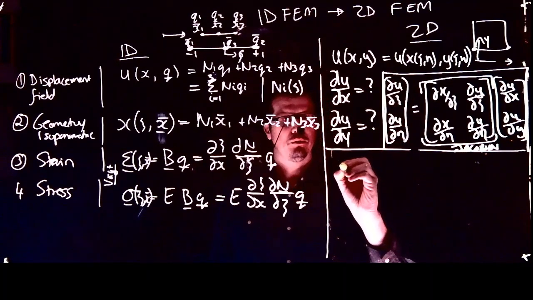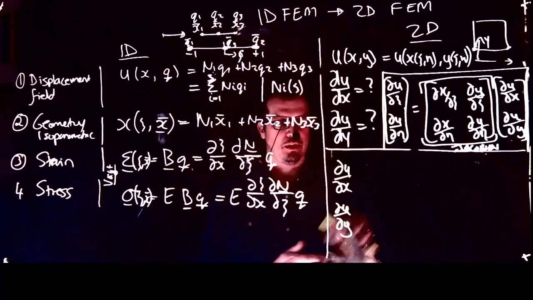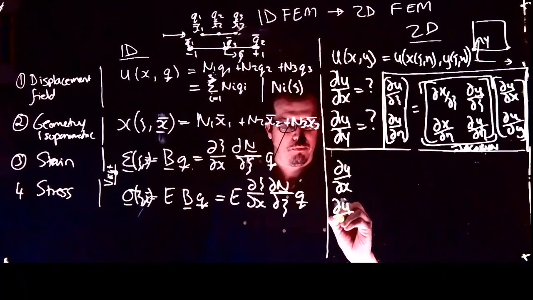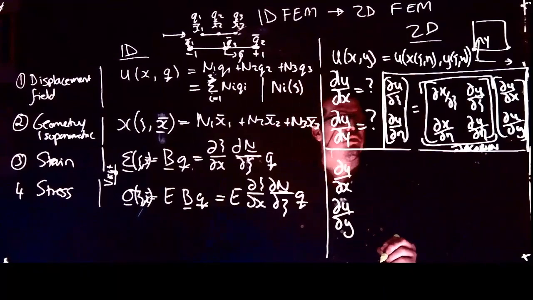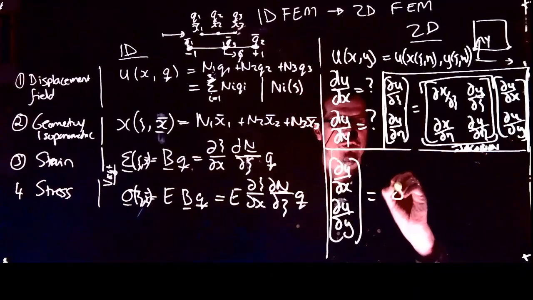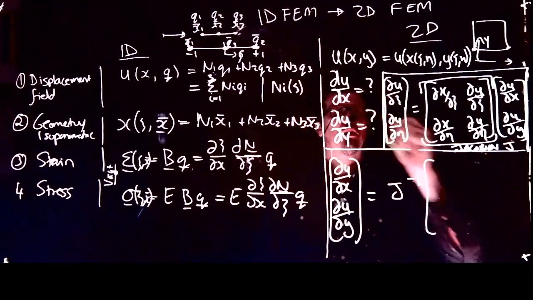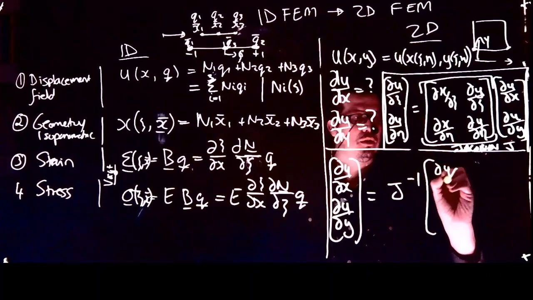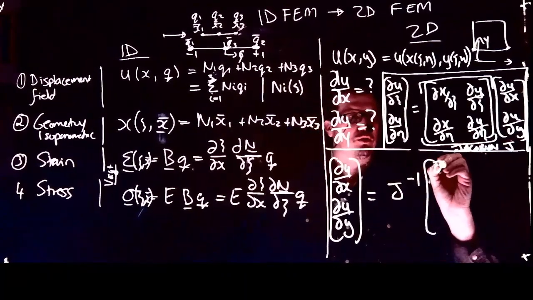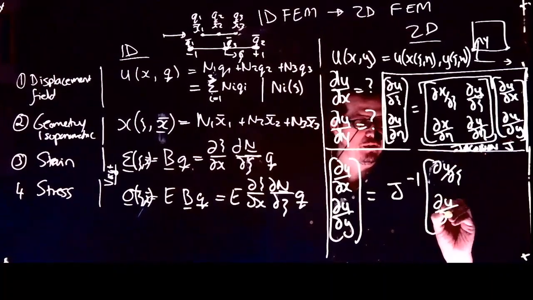So I can say that partial u, partial x and partial u, partial y is equal to the inverse Jacobian, I'm just going to call this J, multiplied by partial u, partial psi and partial u, partial eta.